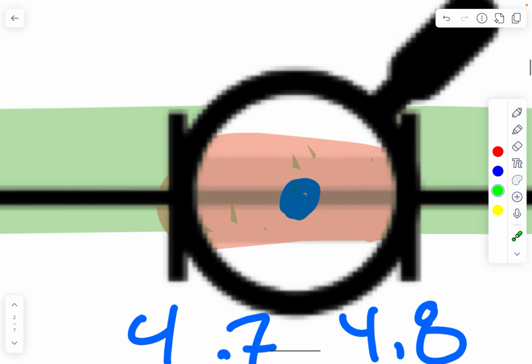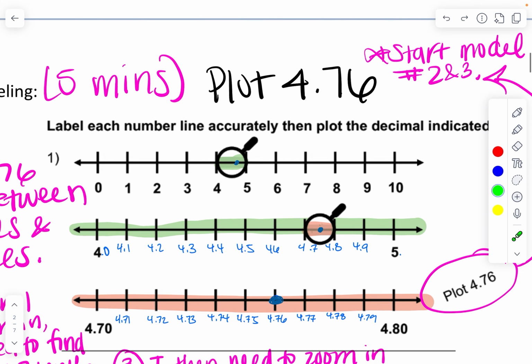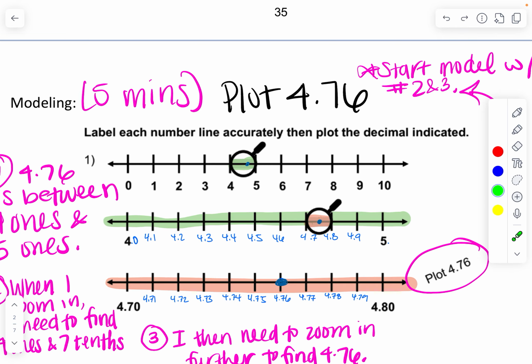It doesn't really help us because we're on paper, we can't physically zoom in. So we are creating a simulation by drawing a number line that is zoomed in that now will focus on the hundredths place. Okay. And so because we zoomed into 4 and 7/10 and 4 and 8/10, those are going to be our endpoints.